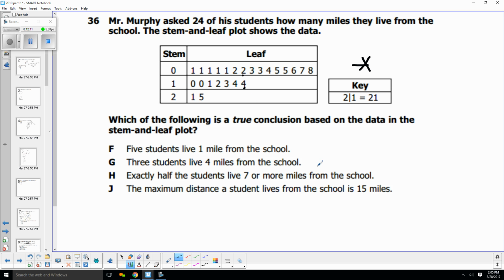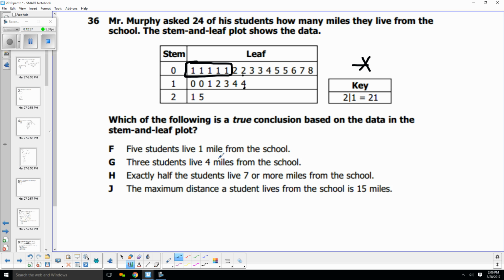What does this 2 right here represent? 2 miles. Which of the following is a true conclusion based on the data in the stem and leaf plot? 5 students live 1 mile from school? Yes. Because here's my 1 mile from school, and I want to count how many there were, and there were 5 students.